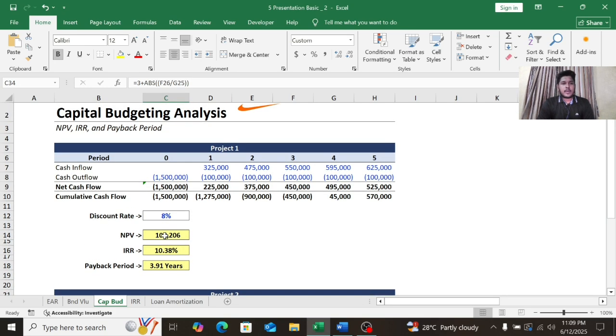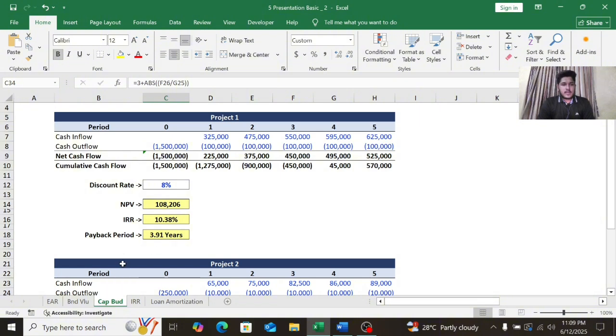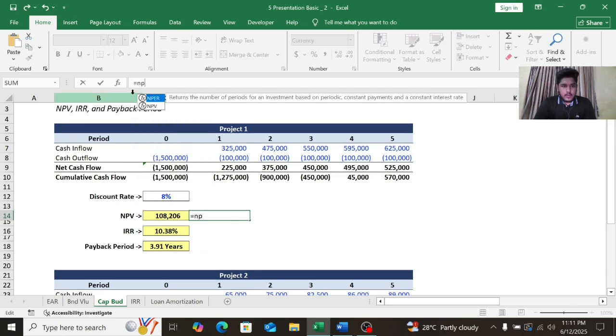An important element of capital budgeting is NPV, net present value, and IRR, internal rate of return. Here's a predefined formula for this. So we're going to use NPV. The rate is the discount rate, 8%, and comma.